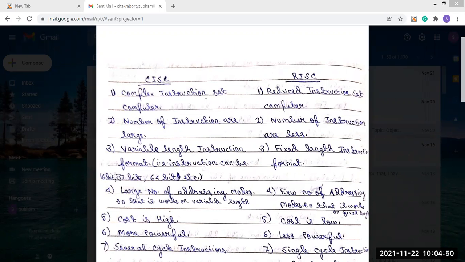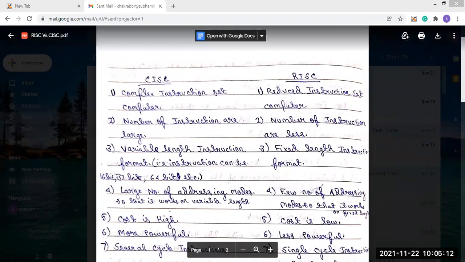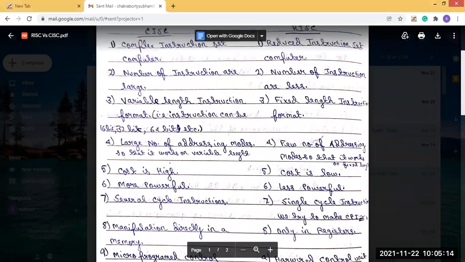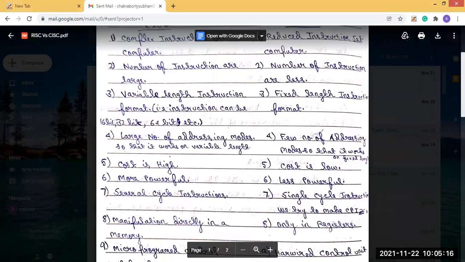But for RISC, we don't require so much powerful hardware, and that's why the cost is low. In CISC, multi-cycle instructions are required, but for RISC it is a single cycle instruction, and we try to make the CPI equal to 1.